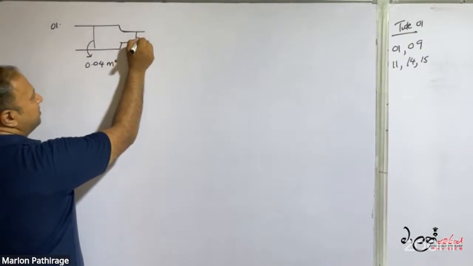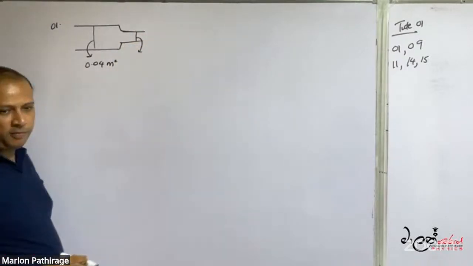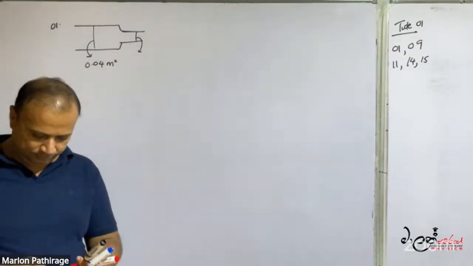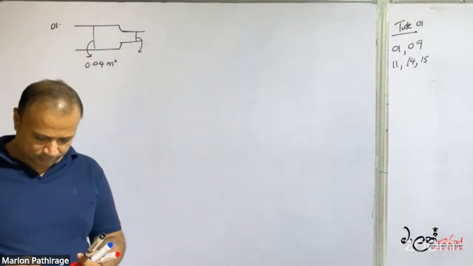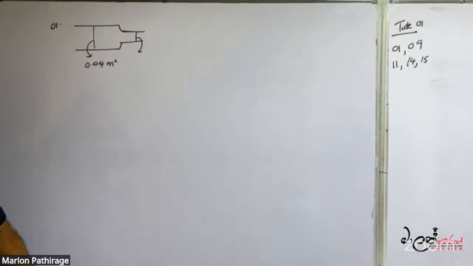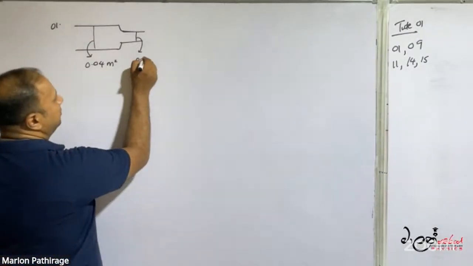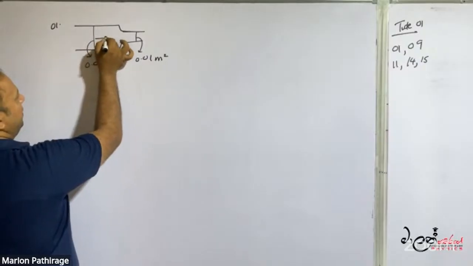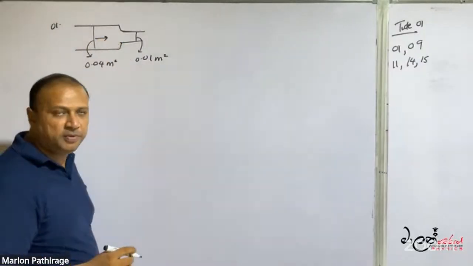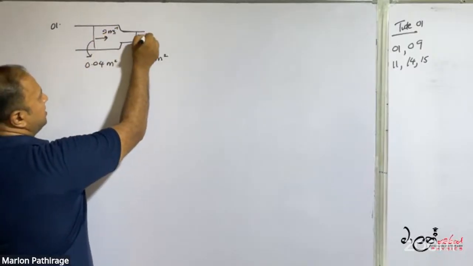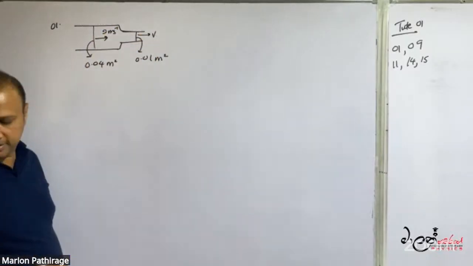The final cross section is 0.01 square meter. At this position, the speed is given in meters per second, and you ask for the speed at this position.